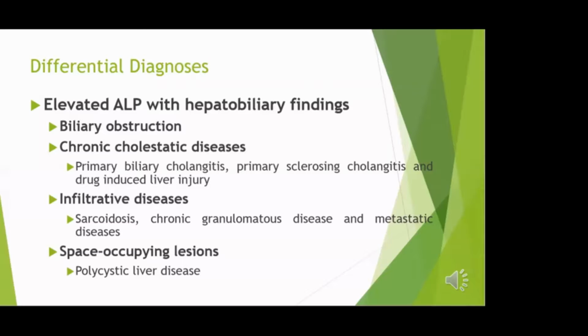So the reason for the increase in alkaline phosphatase for infiltrative diseases and chronic obstructive diseases includes a combination of increased synthesis and decreased excretion of alkaline phosphatase.